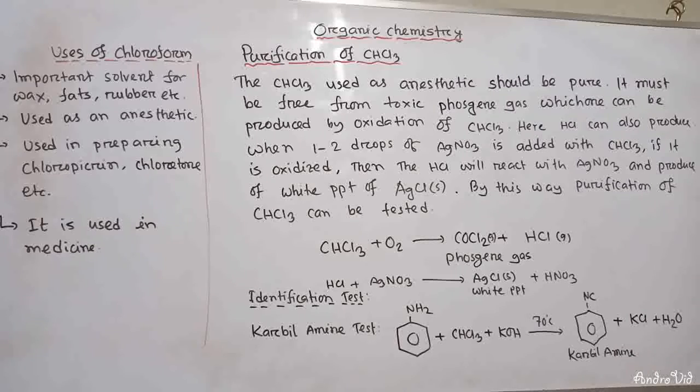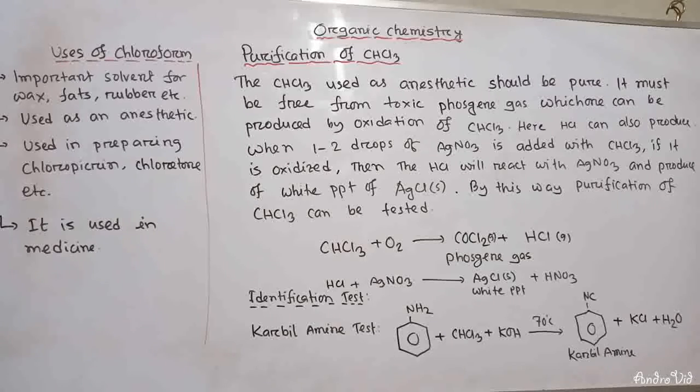From this white precipitate of silver chloride, you will be sure that the chloroform has been oxidized by air contact. So from this concept you will be sure whether this chloroform is pure or impure.